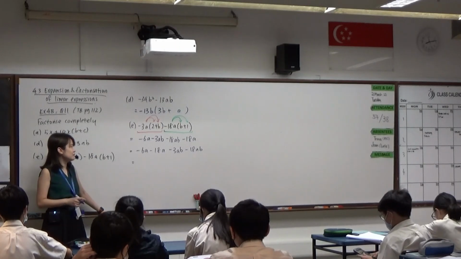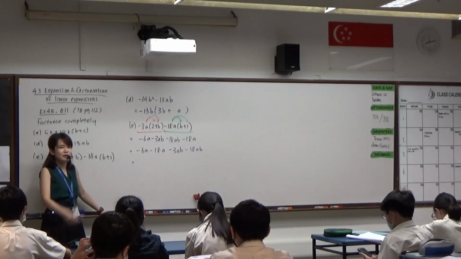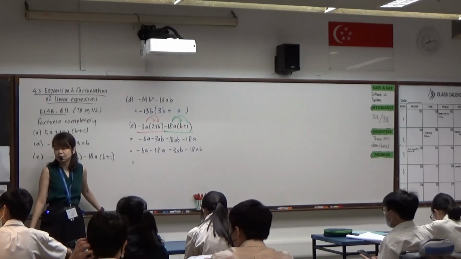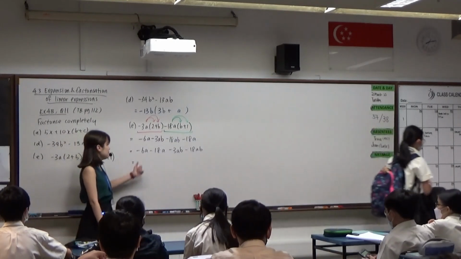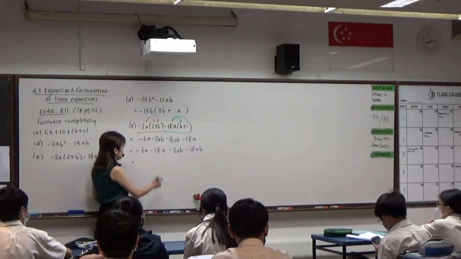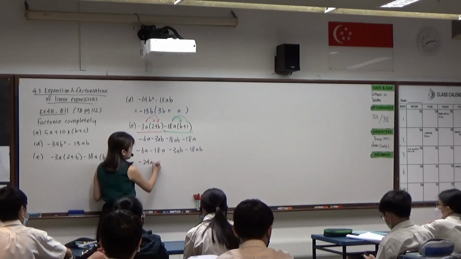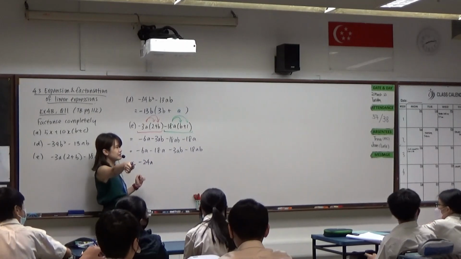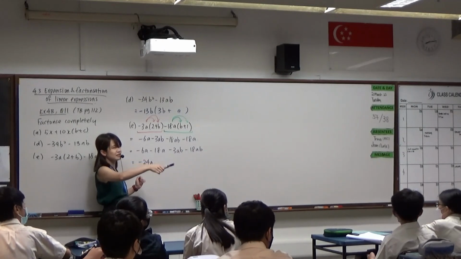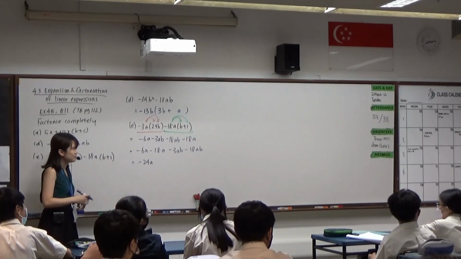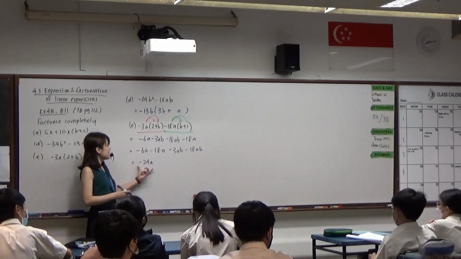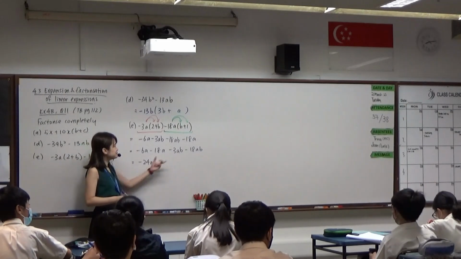So it gave me negative 12A, let me calculate this. Minus 24, right? Okay. Negative 6A minus 18A is negative 24A. Yes, you get there, right? But then you can just directly put it there so that you don't lose any more time. Okay? So we get negative 24A.